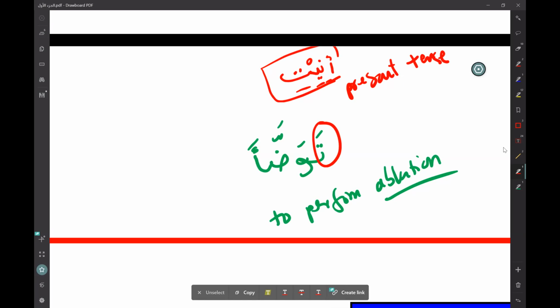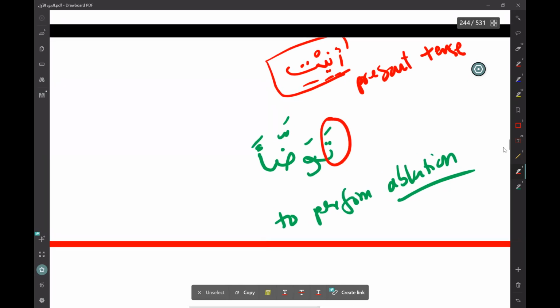I'm not going to explain too much, but I will just tell you simple ways you can identify whether this ta belongs to the past tense or the present tense. Number one, if you have haraka, especially at the end, if it ends in fatha, they are not all bulletproof, but I'm just letting you know some of the ways, then it would be past tense.